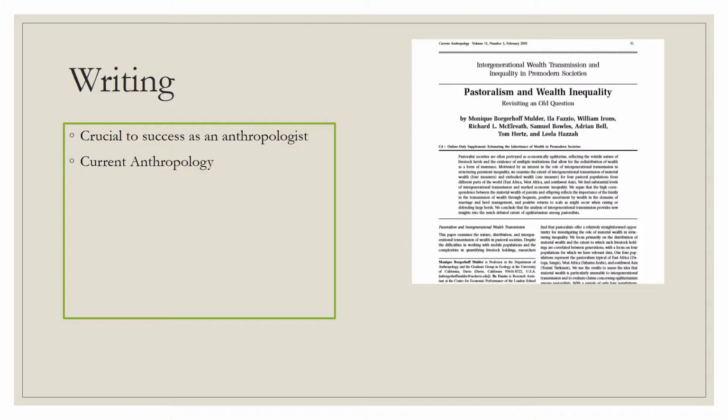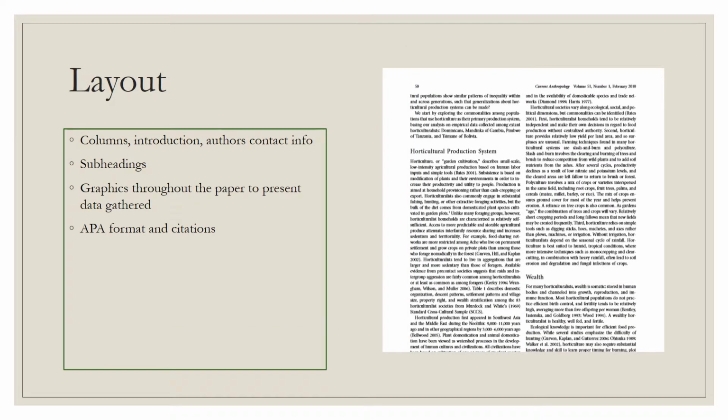If you're looking for good examples of writing in anthropology, I would recommend the journal Current Anthropology. It is well respected in the discipline, and it is a very good resource to have. It is where I got most of the articles that I analyzed in my research. The layout of articles in anthropology are very similar to articles written in other academic discourses.